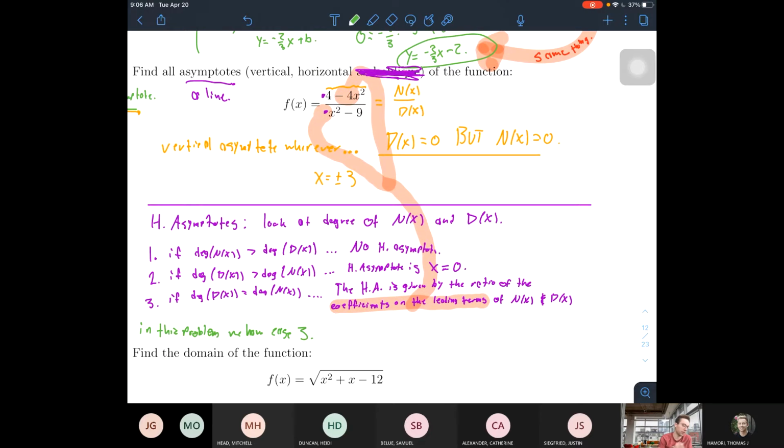The degree of the denominator is 2. So those degrees are equal. So the horizontal asymptote will be given by the ratio of the coefficients on the square terms, because those are the highest power terms. So we look at -4 divided by 1. So we get y equals -4 divided by 1 as a horizontal asymptote.